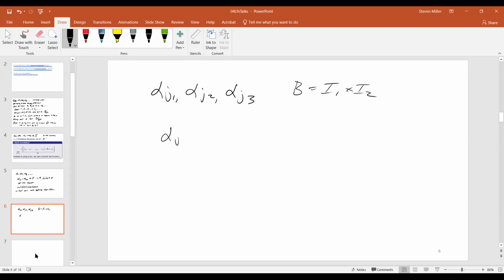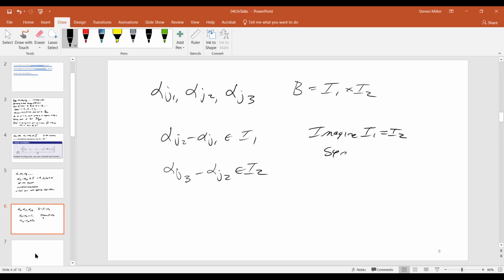So we would have alpha J2 minus alpha J1 is in I1, and then we would have alpha J3 minus alpha J2 is in I2. So we would be studying these problems simultaneously, okay? Imagine I1 equals I2 and it's symmetric about 0.